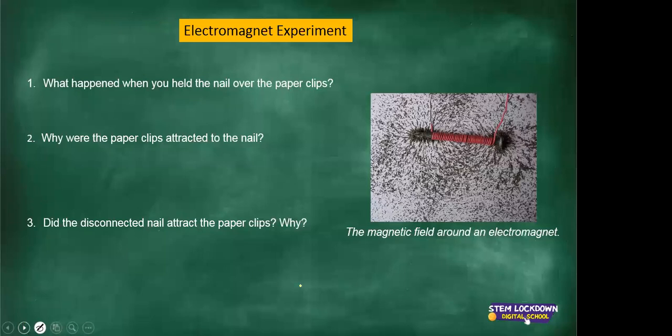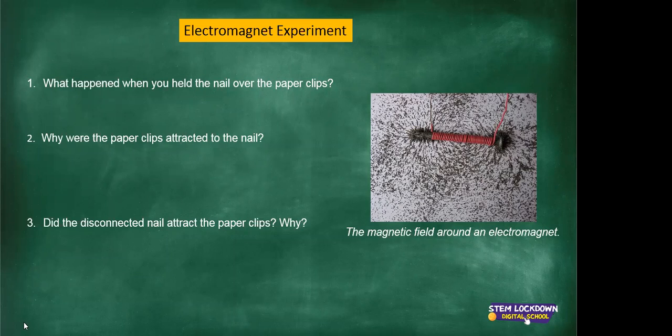You can look at the picture here. You have the magnetic field around an electromagnet. So these iron filings around it show the magnetic field. And we took an iron nail and we wrapped wire around the nail in a coil form. Okay, so what happened when you held the nail over the paper clips?